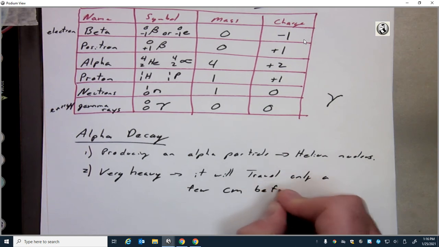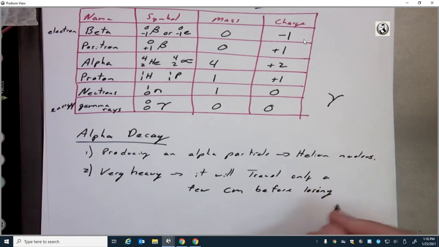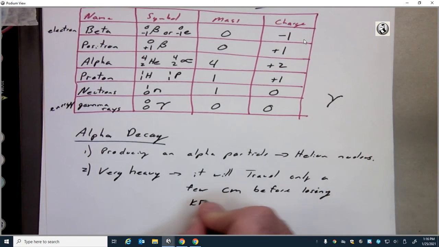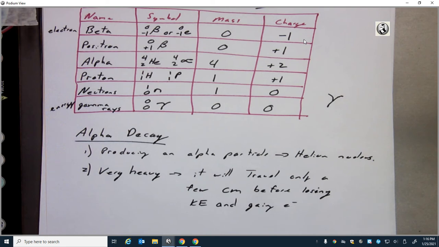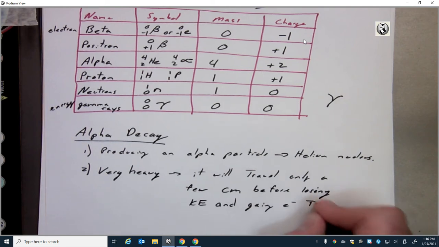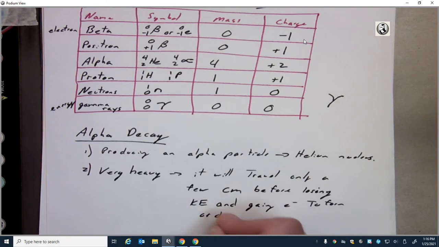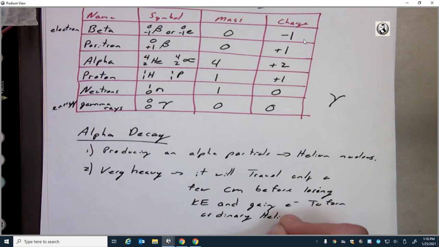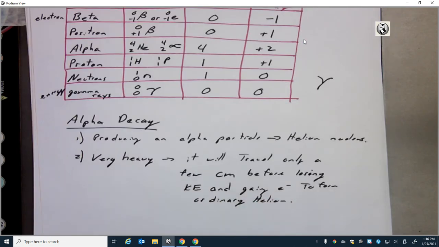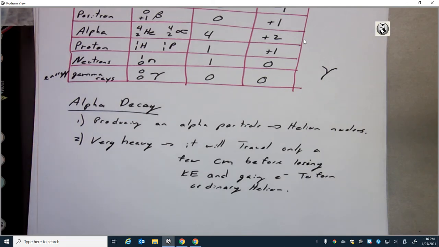before losing its kinetic energy and gaining electrons to form ordinary helium. So it doesn't move very far.